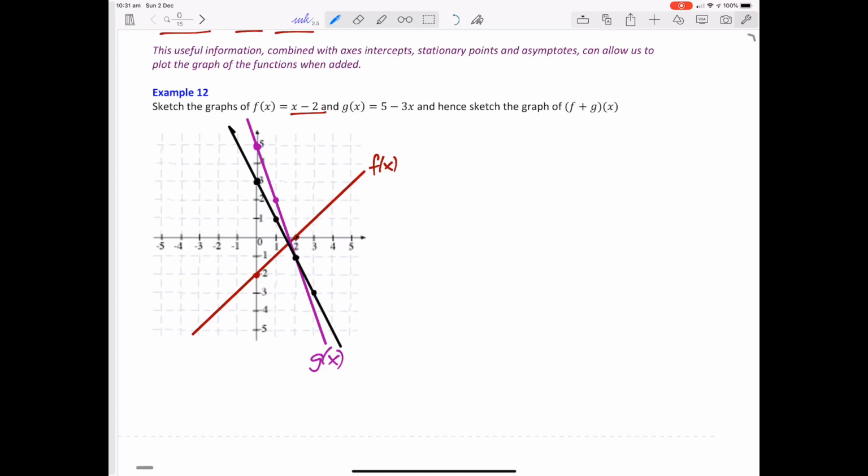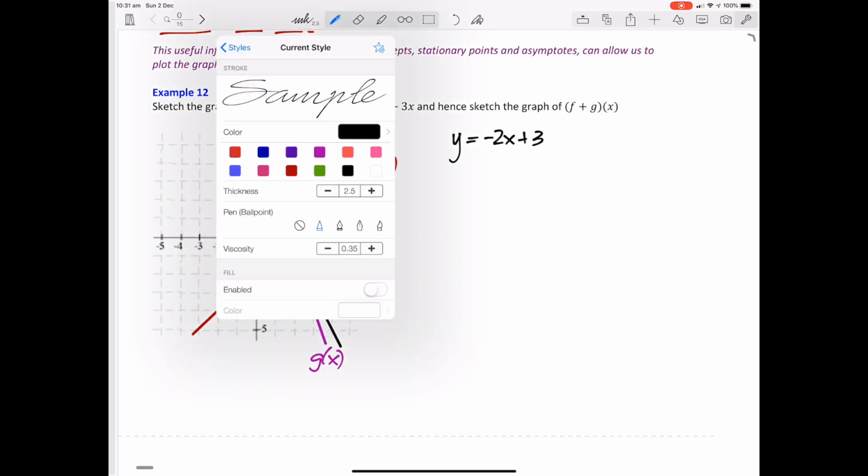Now, if we look at this black line, we can work out it's got a gradient of -2 and a y-intercept of 3. So y equals -2x plus 3. What happens if we add the two functions together?